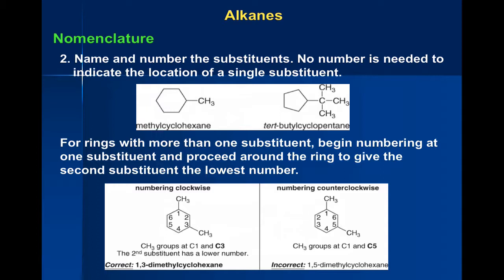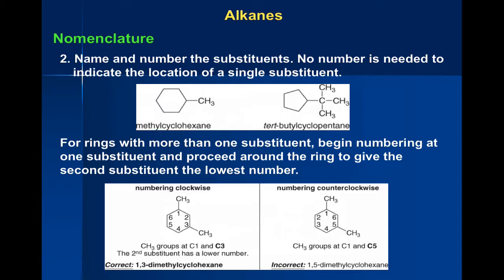It's no longer a tertiary carbon because it's bound to a cyclopentane ring, but yes, the hydrogen that you removed to get the alkyl group would have been a tertiary carbon. I like to remember it because it looks like a T, and we frequently call it t-butyl instead of tert-butyl, okay? So there we have tert-butylcyclopentane, and notice there's no number.